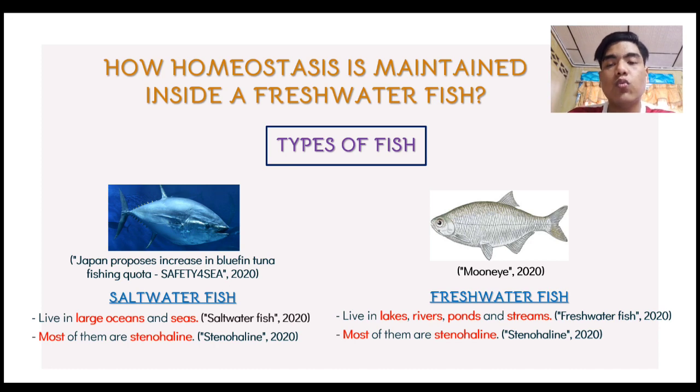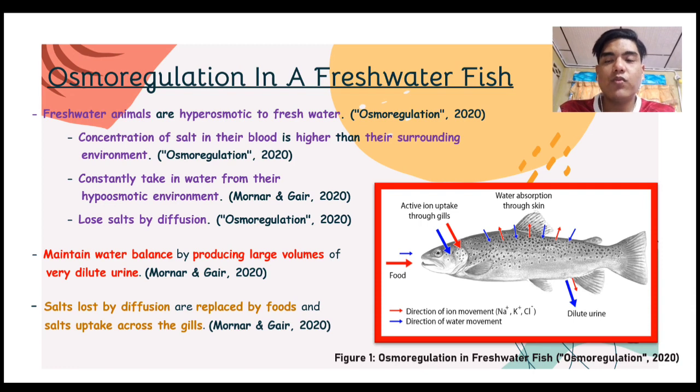If the two were to switch places, neither of them could survive any longer and they would die because they cannot tolerate different environments. Next, we will focus on the osmoregulation process in a freshwater fish.